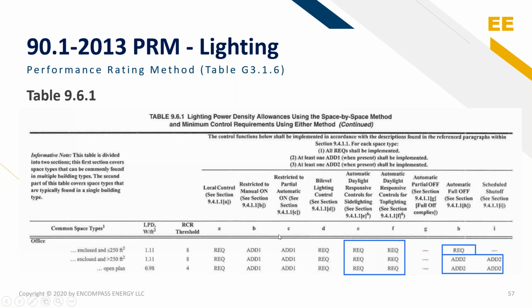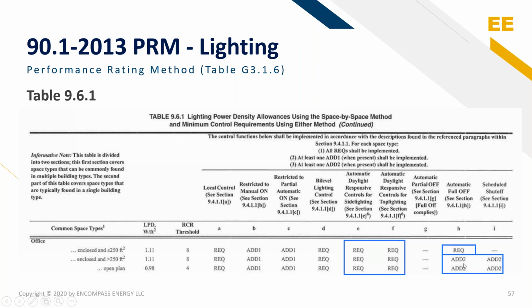And you'll notice that they're either called required, add 1, or add 2. The way that it works is, say, for an open plan, you have to have local control, which is required. For add 1, you have to have either manual on restriction or partial automatic on. You have to have bi-level, you have to have daylighting controls, both top and side lighting if applicable.